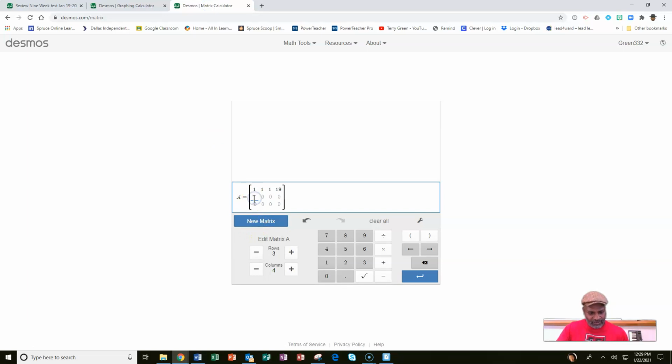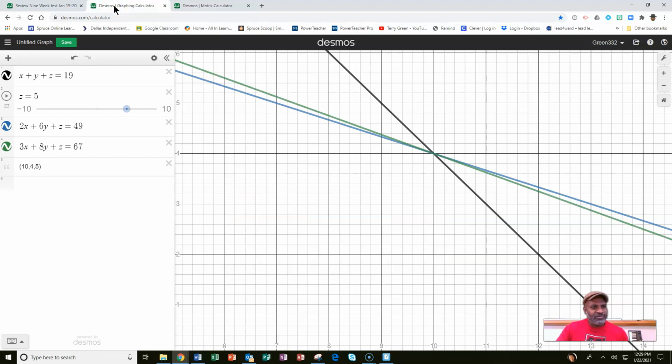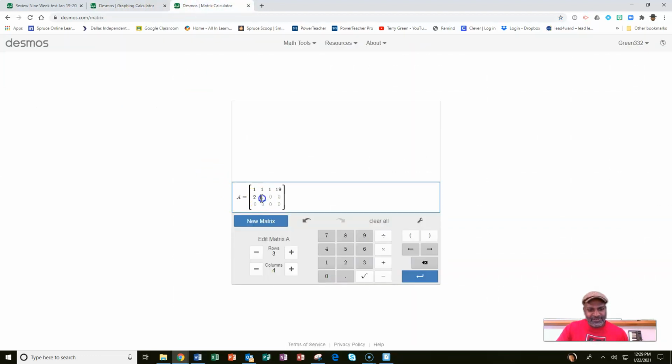So I'm going to go 2, 6, 1, 49. The 1 comes from there being no coefficient in front of z, so we put a 1 there.